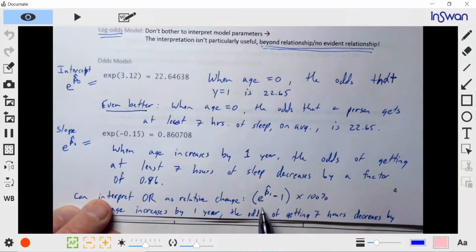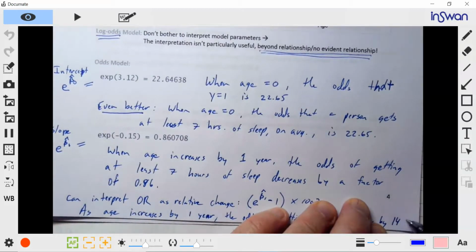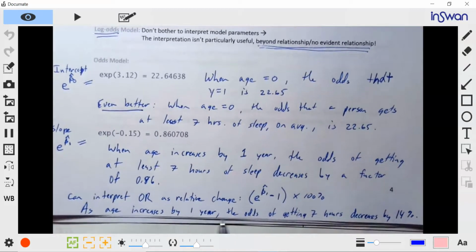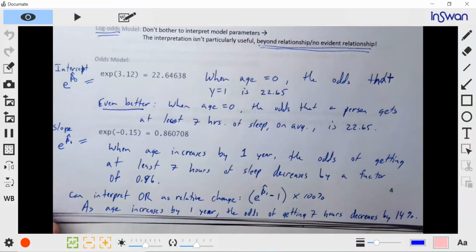So 0.86 minus 1 would be negative 0.14, times 100%, so negative 14%. So it decreases by 14%. So we can also think of the odds ratio in terms of relative change. The odds either decrease by a factor of 0.86, or you can also interpret it as a decrease of 14%.